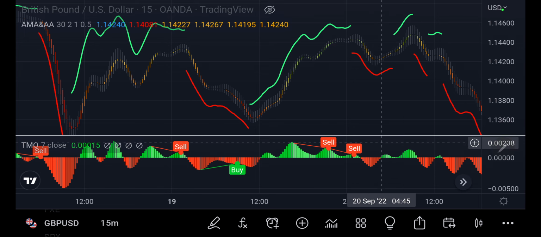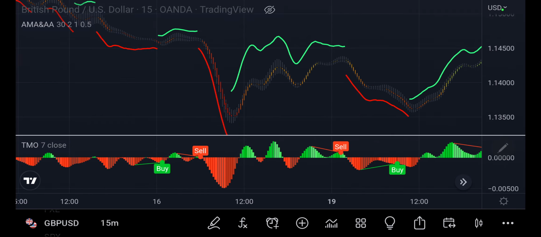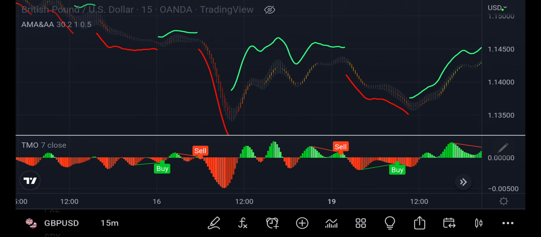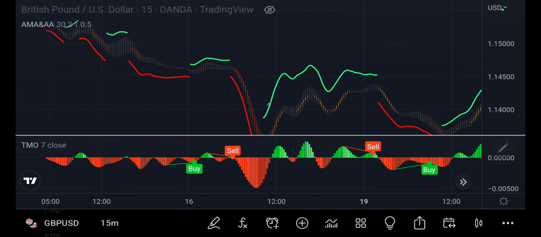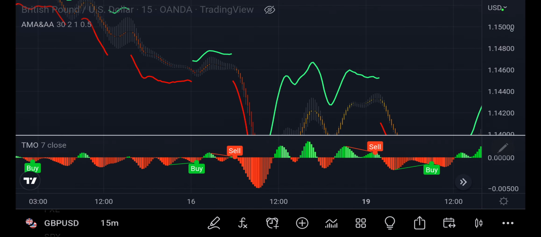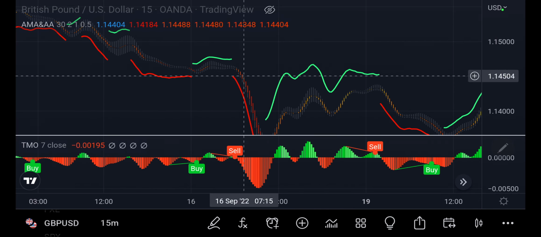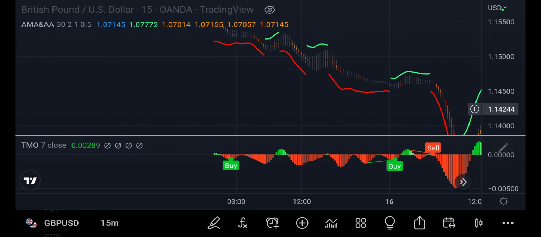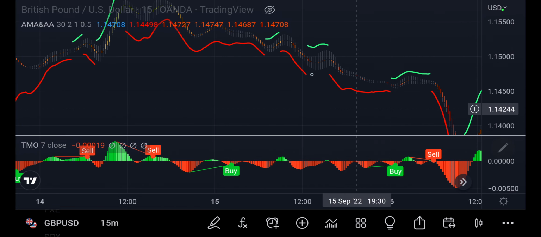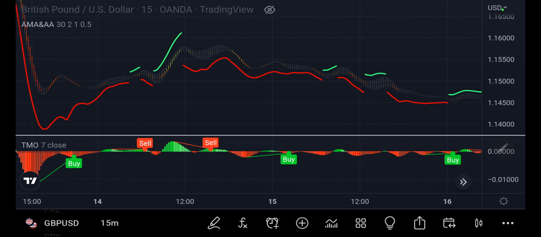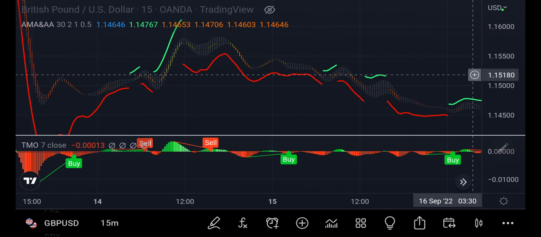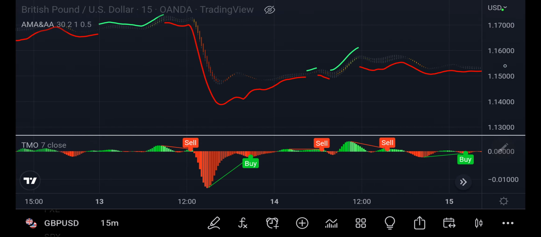I'm sure you use these indicators on your chart on TradingView, which is a free charting solution, and you can find thousands of indicators and practice with them on your demo account, or just see how it works.